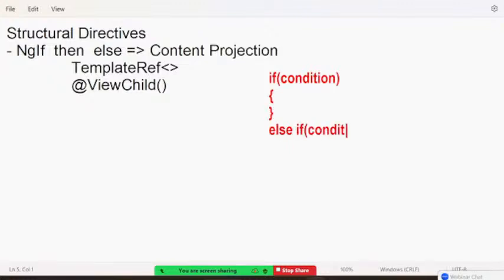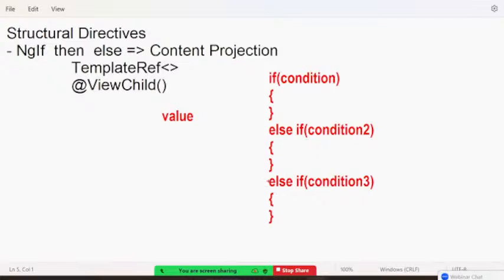So another condition, this is 2, and we are writing again another else if. This is condition 3. Like this we are writing. When we pass a value, this value is matching with the third condition.